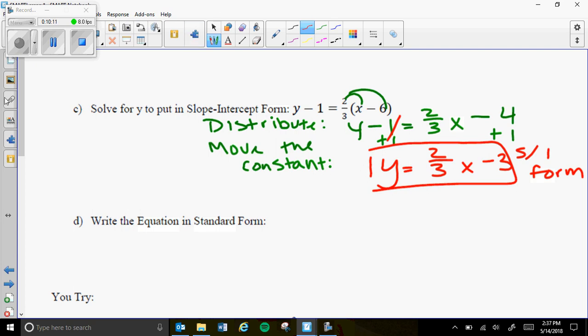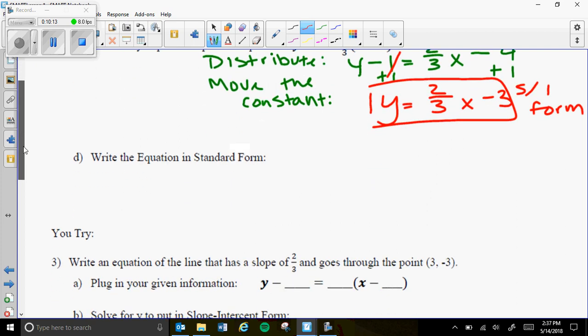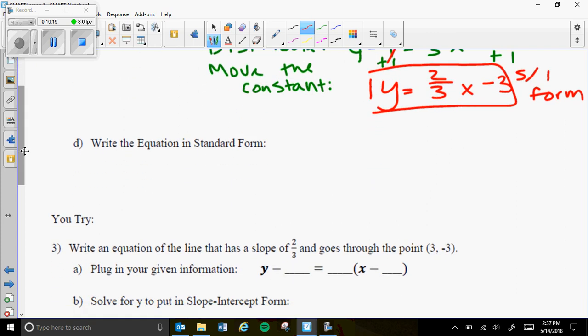Part D asks us to write the equation in standard form. So in order to do that, remember I need to get x and y on the same side. But before we do that, I need to get rid of that fraction.